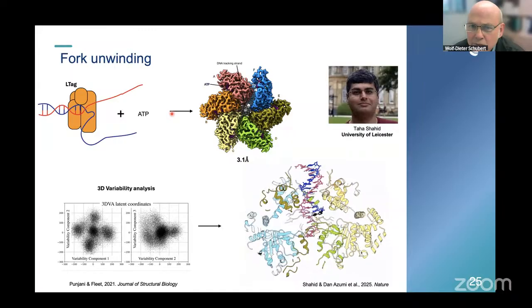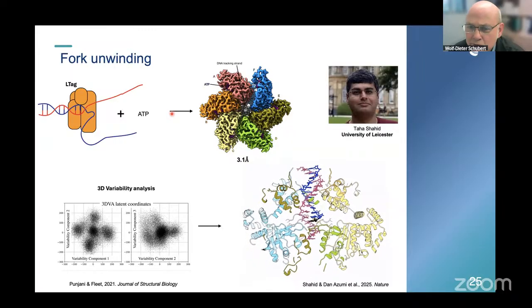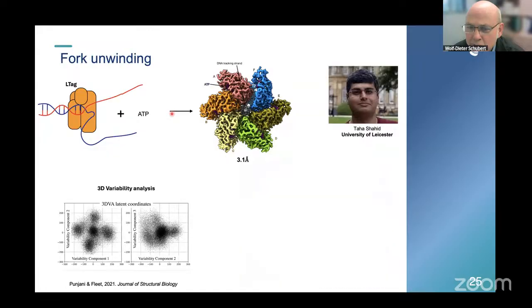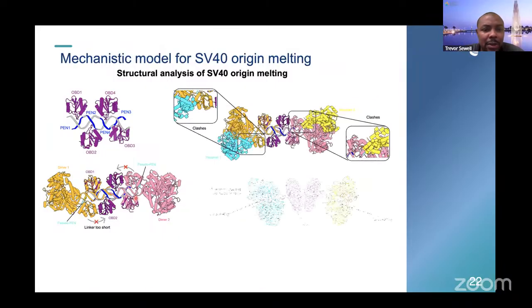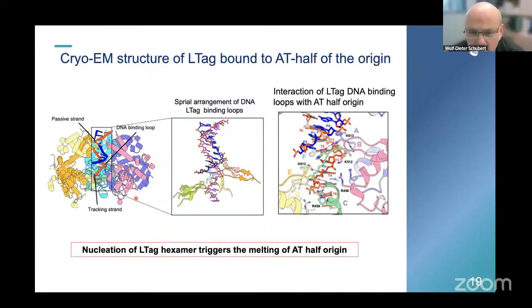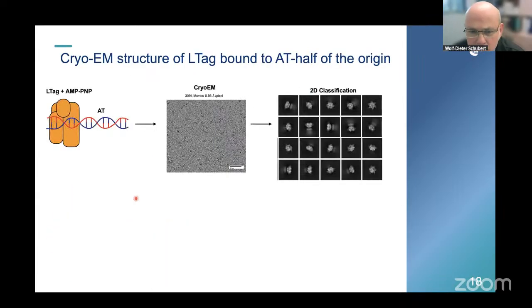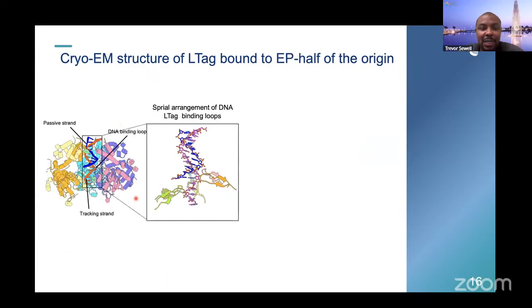Going back to the previous slides, you showed that there's a dimer of other molecules in between the two helicases. What is this OBD? Yes, OBD is, maybe I can show you. Is that the viral specific protein? No, the OBD is part of the same protein.